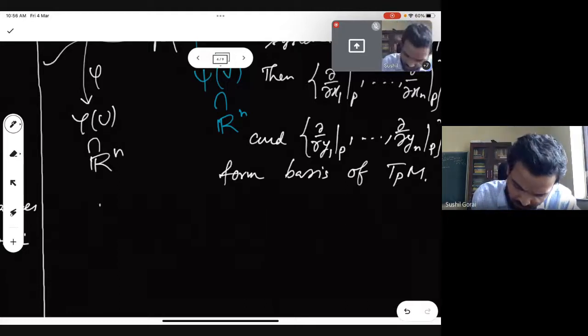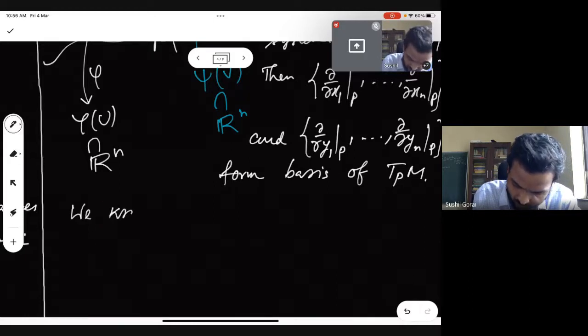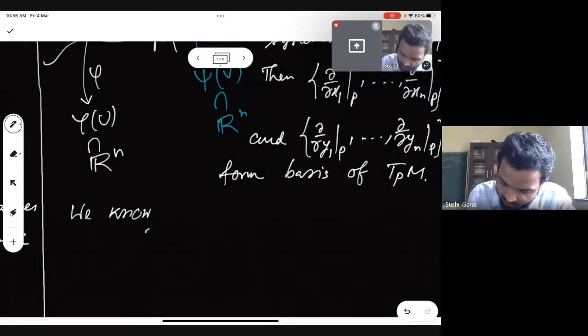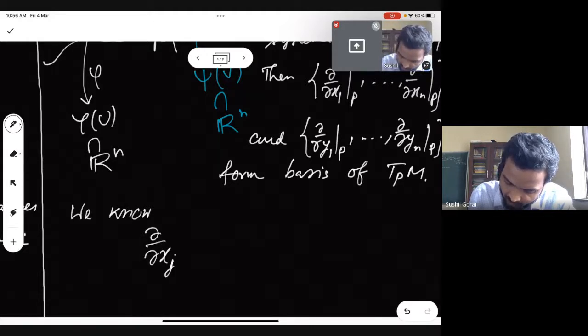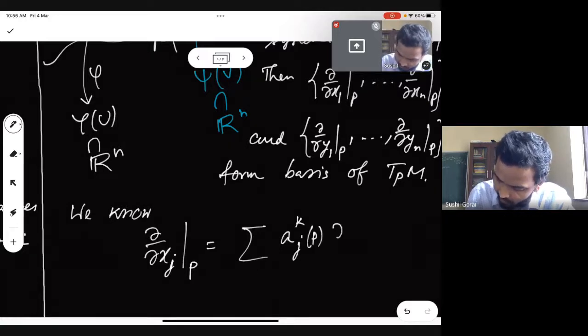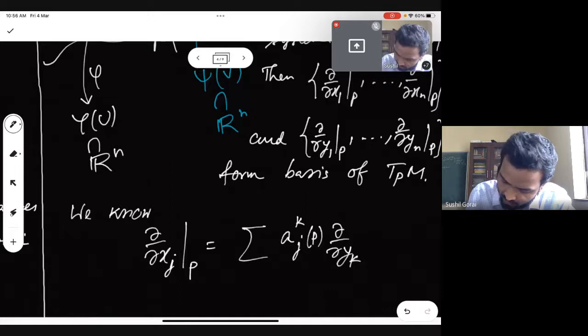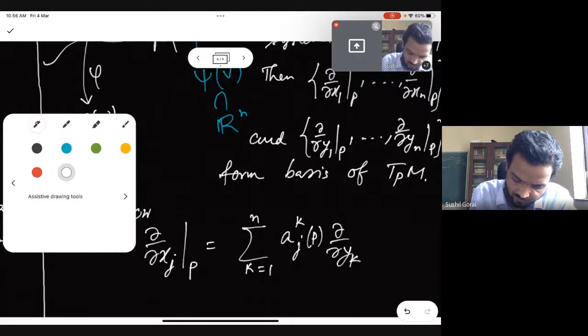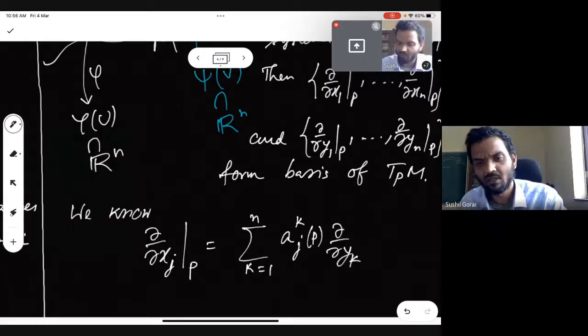So we know from vector spaces and linear transformations that del by del xj at p can be written as the summation a_jk at p del by del yk, with k from 1 to n.